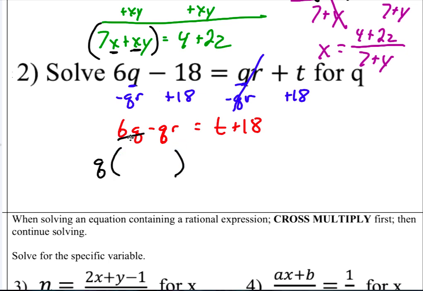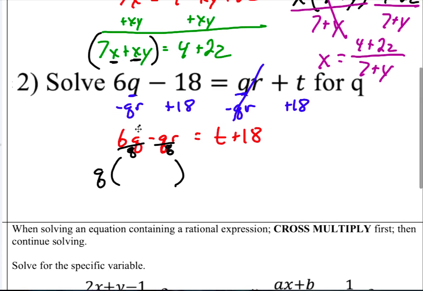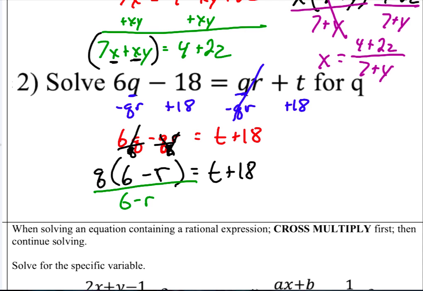So think of it as I divided them each by q. Well, that would give me 6, and that would give me minus r. Sorry, I crossed out the wrong one there. And then I still have t plus 18 on this side. I want to get q by itself, so I'm going to divide by that 6 minus r, because that's what they're multiplying by. And I get q is equal to t plus 18 over 6 minus r.